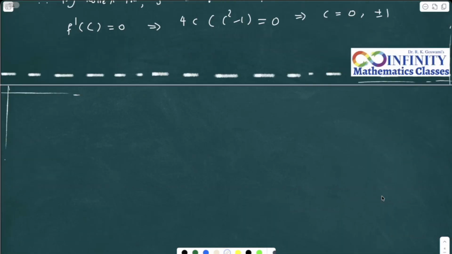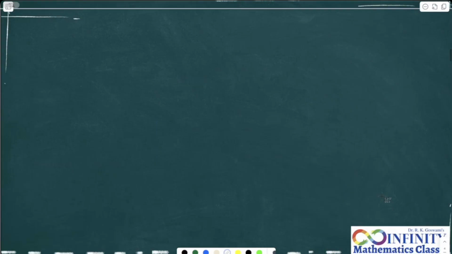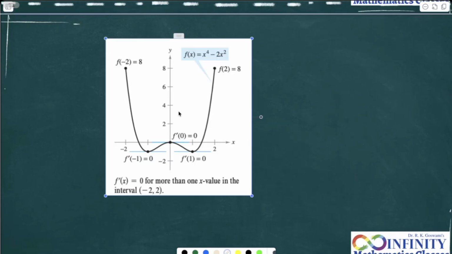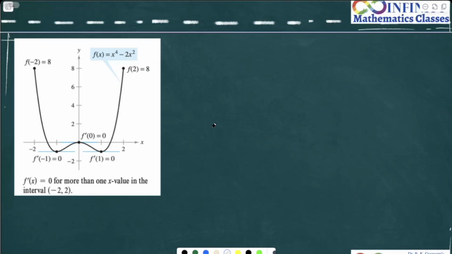Let me just show you the graph related to the question. I hope you can see that at -1 the tangent is going to be horizontal. Have you finished the maxima minima topics?